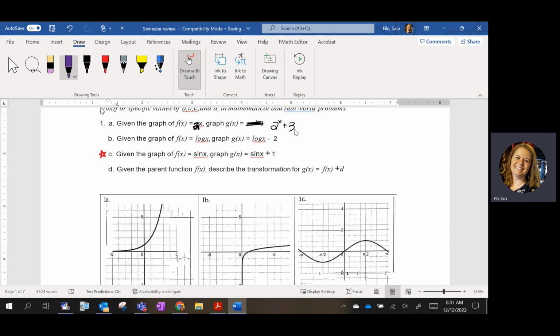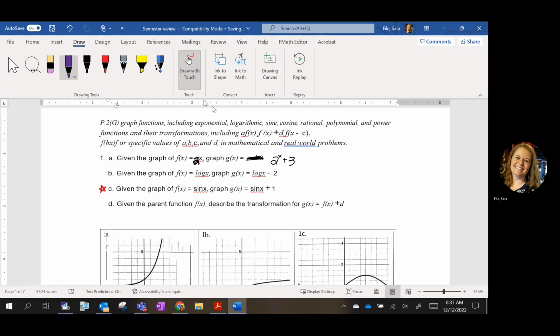Up 3. Okay, so if you have something added or subtracted on the outside, this is what that's comparing to. The plus, oh, did they not list the plus d? Oh yeah, it's right there. That's this format. When you have plus d outside the function, that is a vertical shift. And so this one is up 3 because it's plus 3.